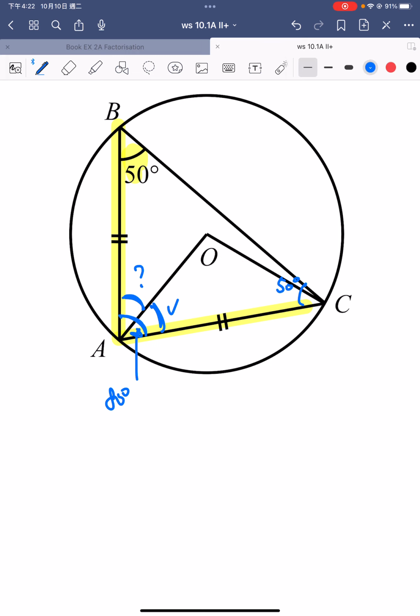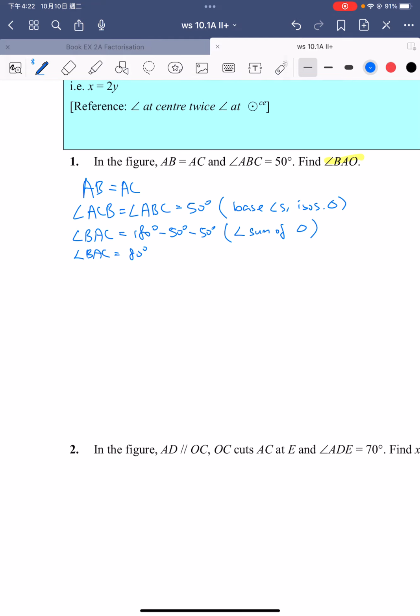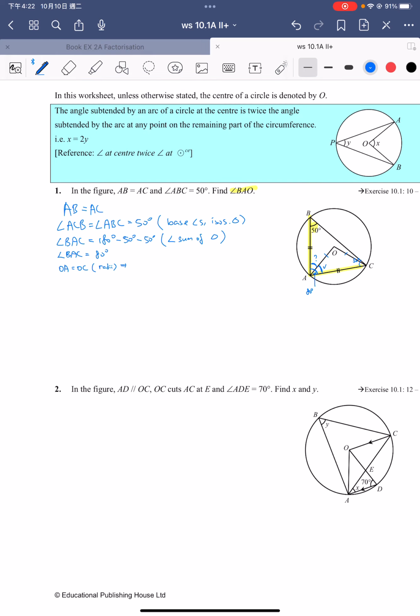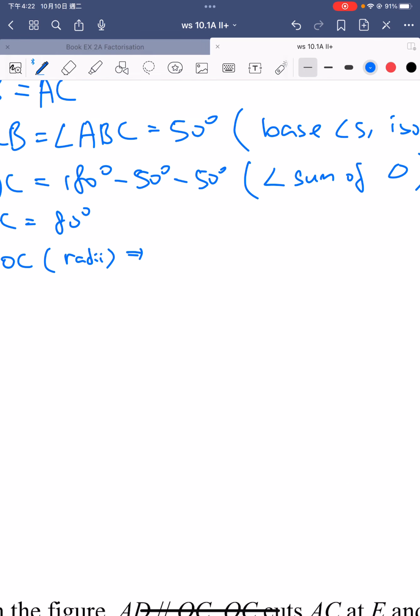Because they are the radii, so we can say that the triangle OAC is an isosceles triangle.